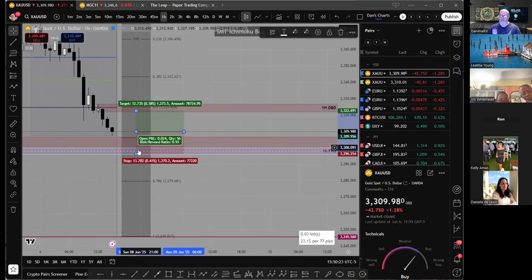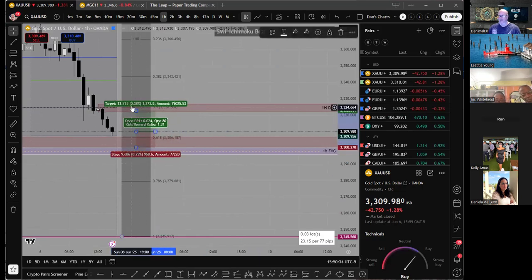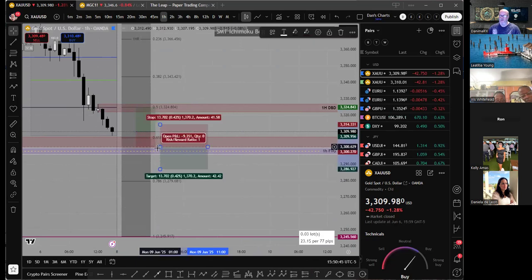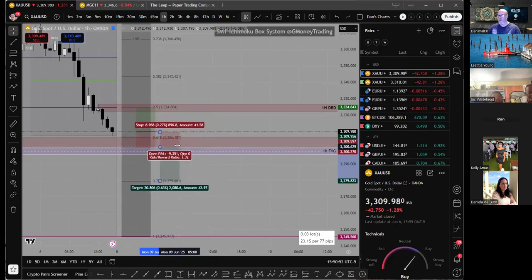But my stop loss could be anywhere here, probably at the top of that zone. That's almost a one-to-one trade. Or at least to the backside, at least to the 50. That's a 1.5 to 1. Or if it decides to go the other way, I'd be looking for the short down here. Take me down to here, but my stop loss right about there. That's called the breakout trade.